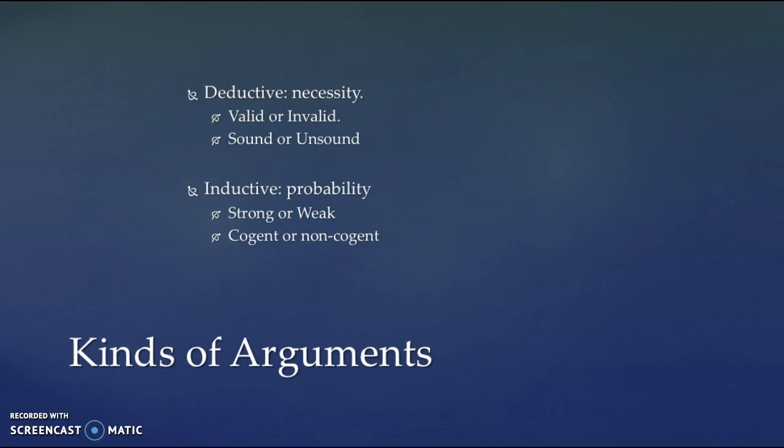So it's the difference, say, between an 80% chance and a 35% chance. Cogent inductive arguments are ones with true premises. So a cogent inductive argument is going to be strong and has true premises. And a non-cogent one will be either strong or weak and has false premises.